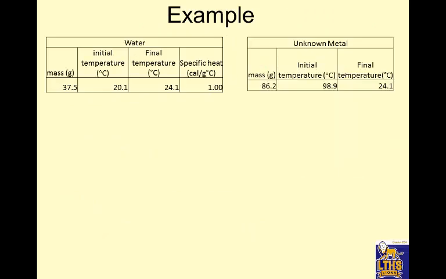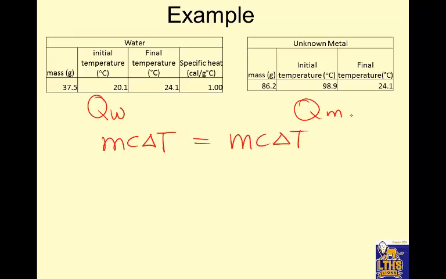Water, metal, what is missing? Well, we need to find the specific heat of the metal. So we have the Q of the water and the Q of the metal, an MC delta T for water, and an MC delta T for the metal. The mass of the water is 37.5 grams. Specific heat of the water is 1 calorie per gram degree Celsius.